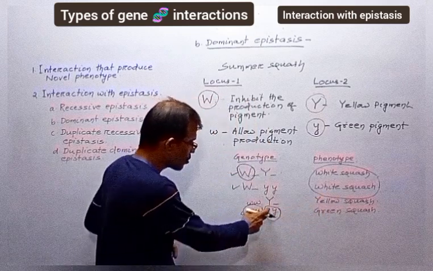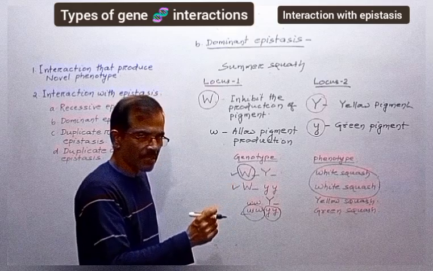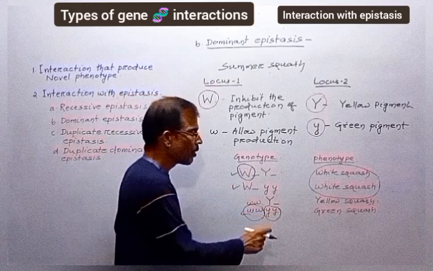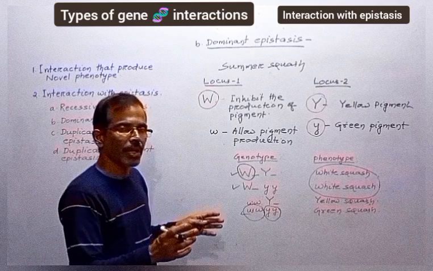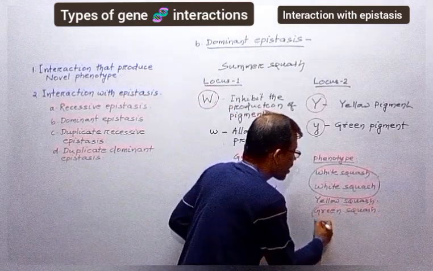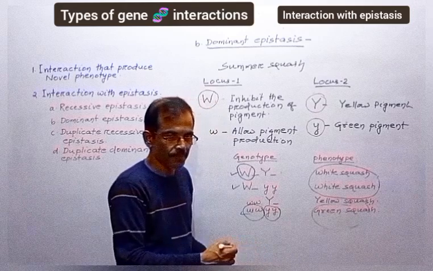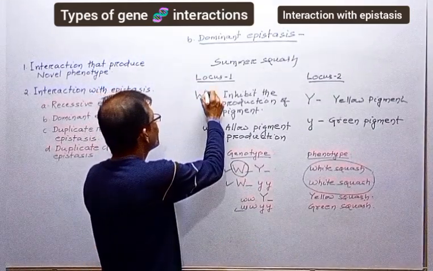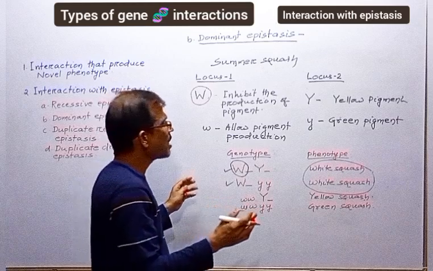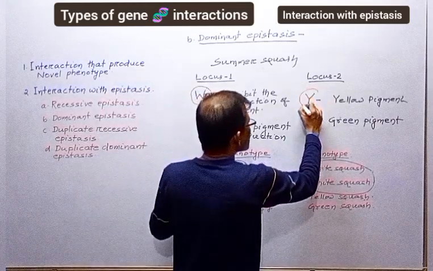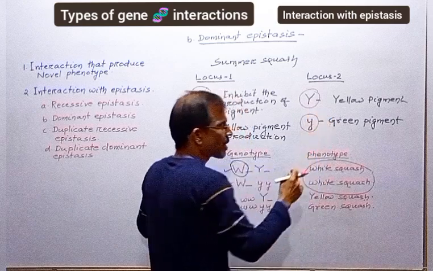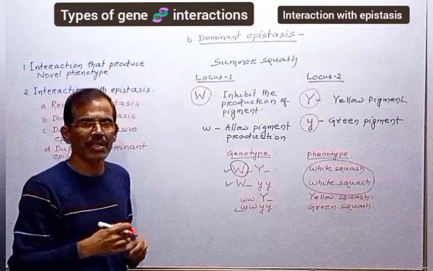In the fourth genotype, presence of only recessive alleles at both loci allows the production of green pigments. As a result, green squash are produced. In this example, the dominant allele of the first locus is epistatic to both the alleles of the second locus. So the alleles of the second locus are hypostatic.